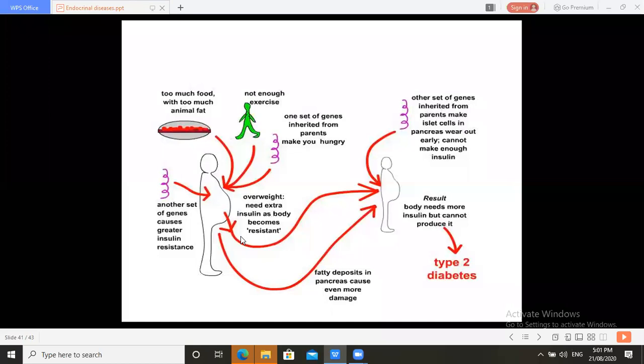Understanding? These are all the morphological changes due to type 1 diabetes mellitus or type 2 diabetes mellitus. Whenever there is insulin deficiency or insufficiency, all these things are interrelated.